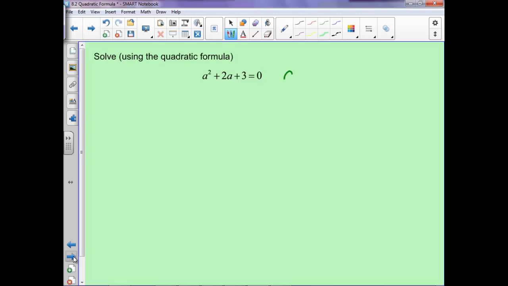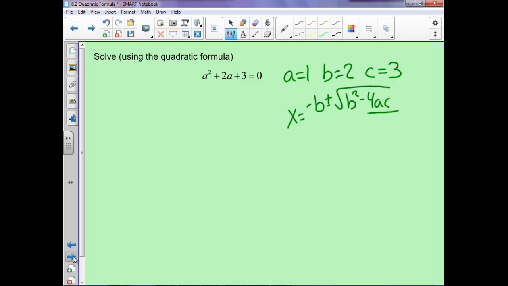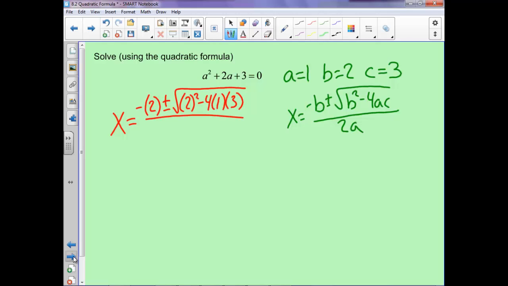So this one, our a is 1, our b is 2, and our c is 3. So using our quadratic formula, we'll have negative 2 plus or minus square root of 2 squared minus 4ac all over 2a.